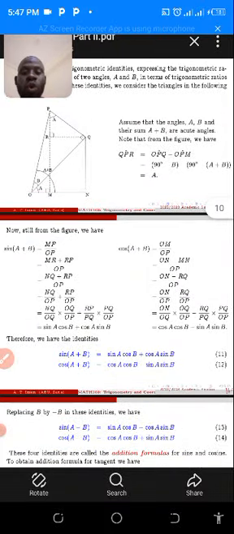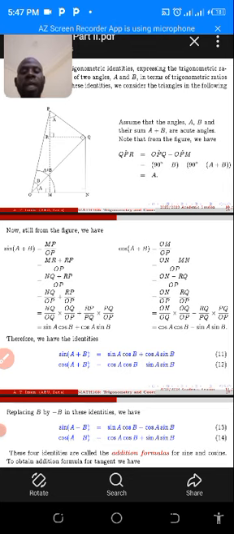Look at NQ over OQ, which is opposite over hypotenuse of A, and that equals sine A. Also look at OQ over OP, which is adjacent over hypotenuse of B, and that equals cos B. That is the cosine function of B.